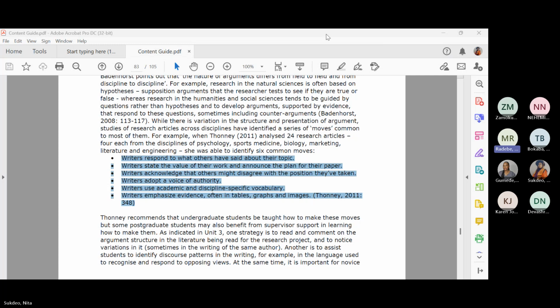And I also do what other colleagues have said. For example, in terms of writing the introduction, what I've noticed is that students write the introduction in such a way that they only define.